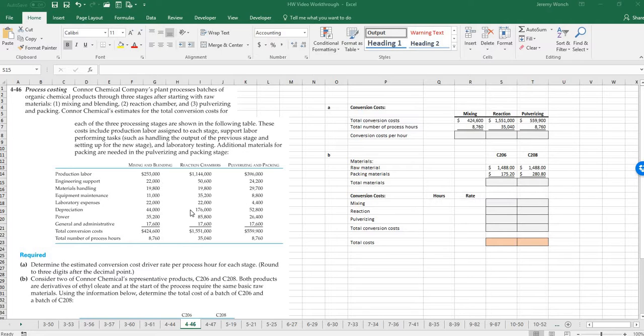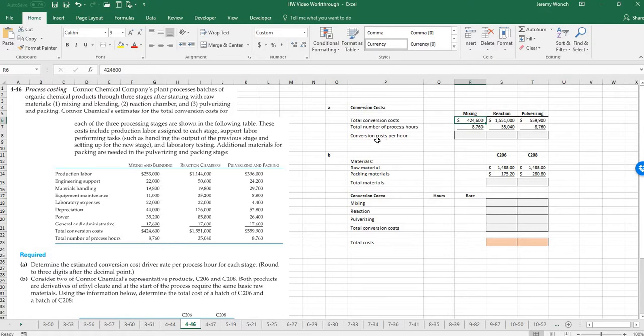So it gives us some information here. We have our departments, and then it gives us our total conversion costs, broken down for us, and the total number of process hours. If we go over here to part A, we have our total conversion costs, which we just pulled from right here, and the total number of hours, which they also gave us.